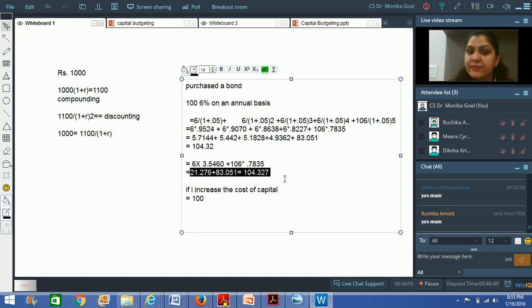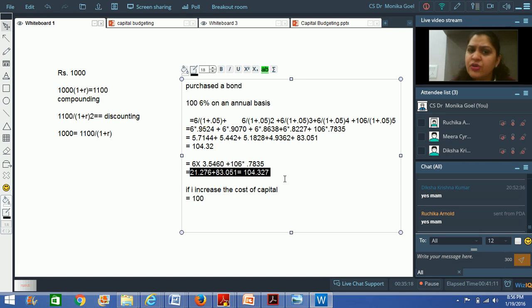It's the same figure. 104.32 you were getting by discounting 6 rupees every year, or when you get the present value of an annuity factor, you can simply multiply. It reduces the time that you have consumed in order to do the complete calculation, right? So in the examination or in every book, you would be getting two tables.